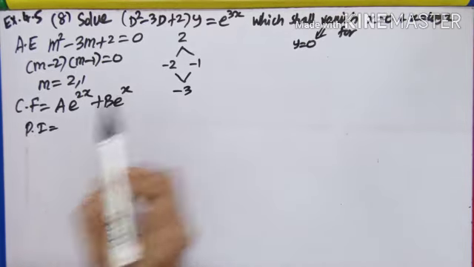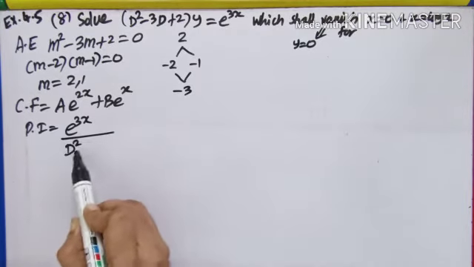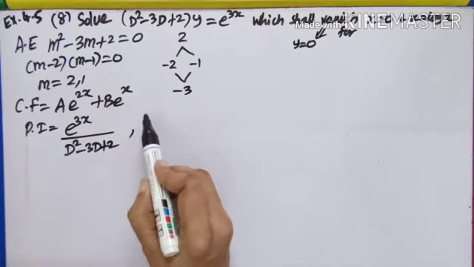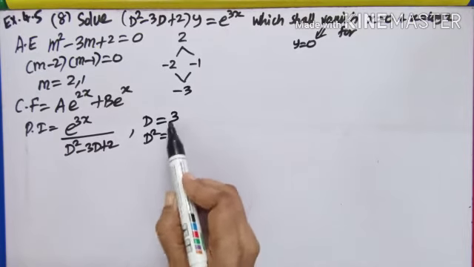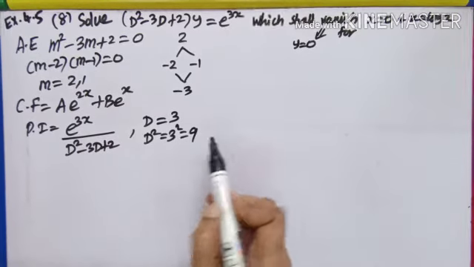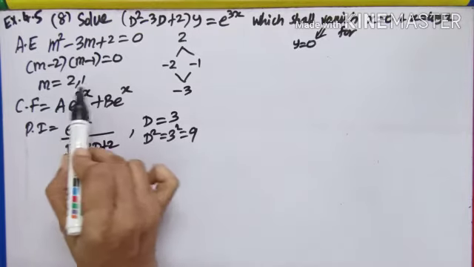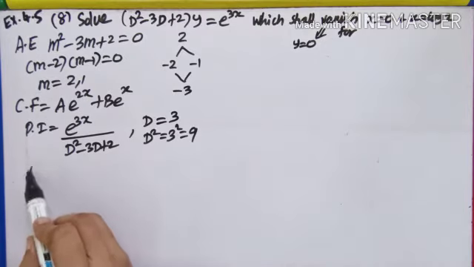Particular integral is the RHS, e power 3x divided by D square minus 3D plus 2. This comes in the denominator. Wherever D comes, put 3. D square becomes 3 square, that is 9. Before that, ensure 3 is not a root here, so the denominator will not become 0.